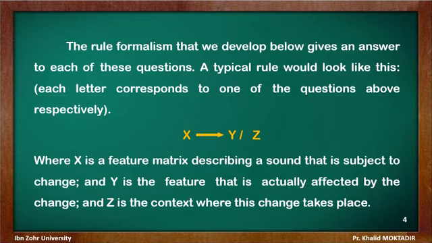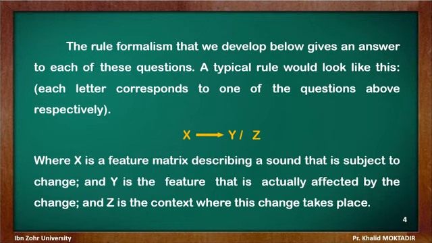Example, if we have a voiced bilabial stop B, we will have the feature matrix containing plus consonantal, minus syllabic, etc. And then on the right side of the arrow, if we have B becoming P, we will have just one feature, voice, minus voice.